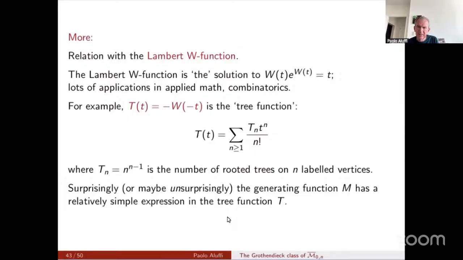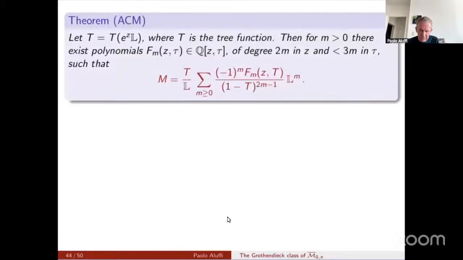Well, I told you that Manin obtained his equation by summing over trees, so maybe it's not surprising, or maybe it is surprising, that the generating function we'll be talking about has a reasonably simple expression in terms of this function. So this looks friendlier than the kind of things I put on the board so far, although the polynomial f is not so easy, but there you go.